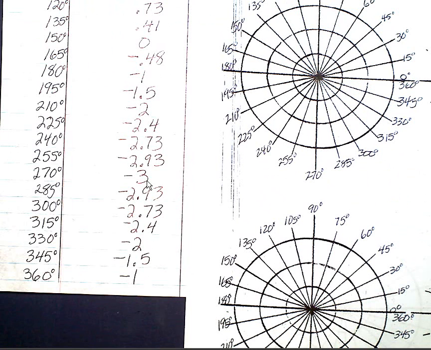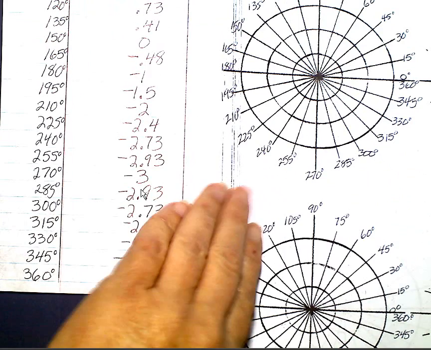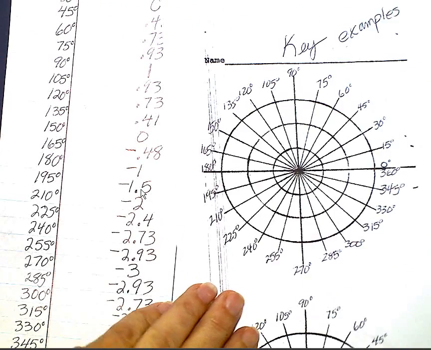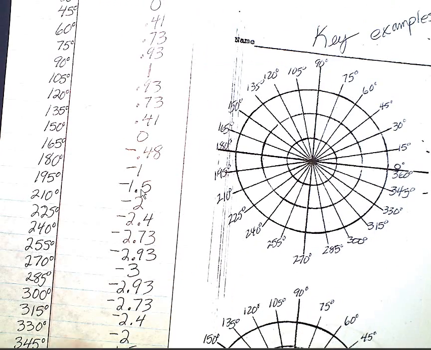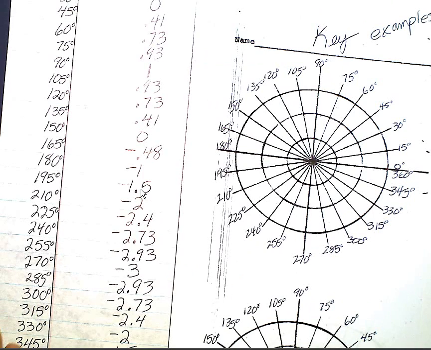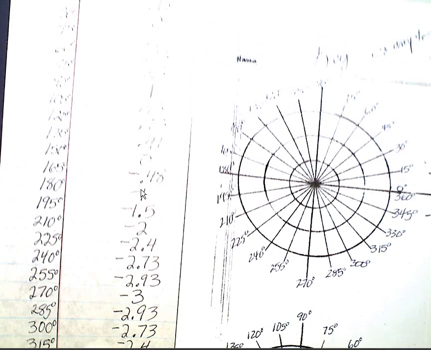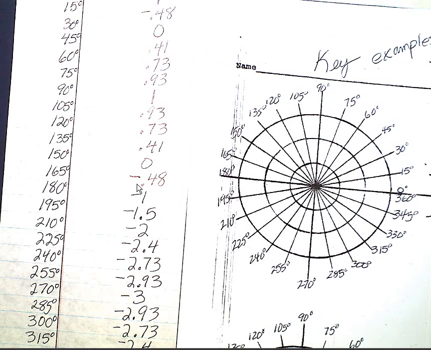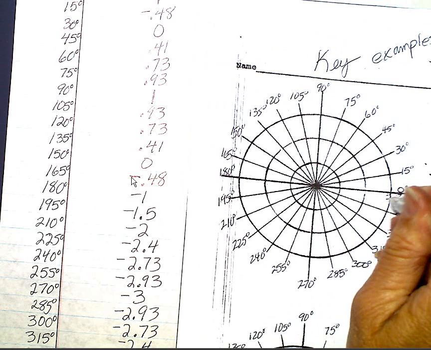Does everybody see that? I always want the outside ring of your chart to equal the largest value in your table. So in my table, the largest value was 3. So I want my outside ring to be 3. So I'm going to take this ring and I'm going to make it 3. And it will change.